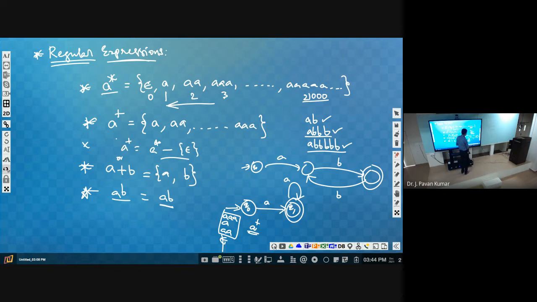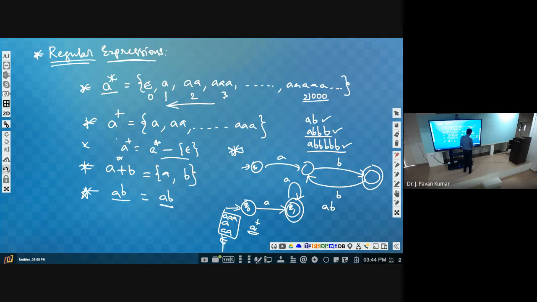Now you say, for this one, what is the regular expression? What is the regular expression for this finite automata? A we are having. Next, B. Okay, B we will be having.